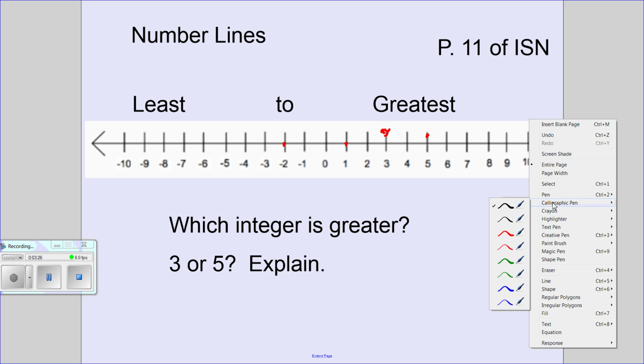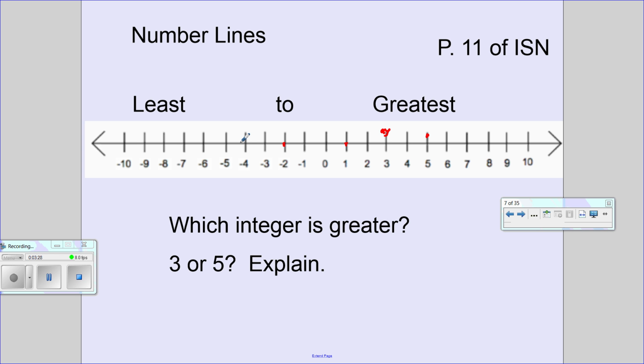Let's use a different pen and show you. For example, we have two negatives, negative 4 and negative 7. Which one is greater? Well, negative 4 is greater than negative 7 because it is to the right of negative 7.